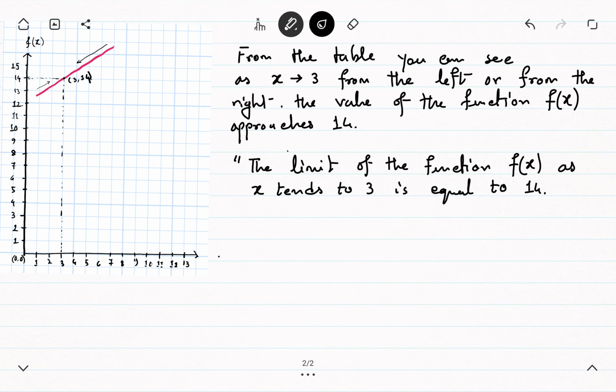So to all we have discussed here, we give a notation.